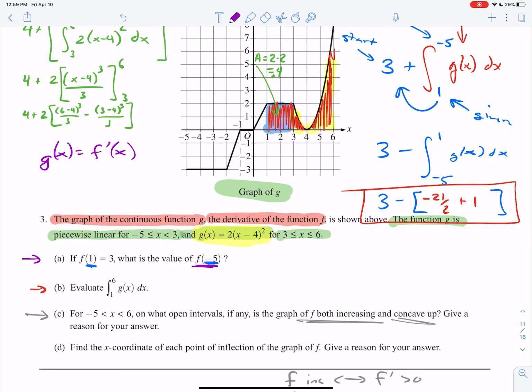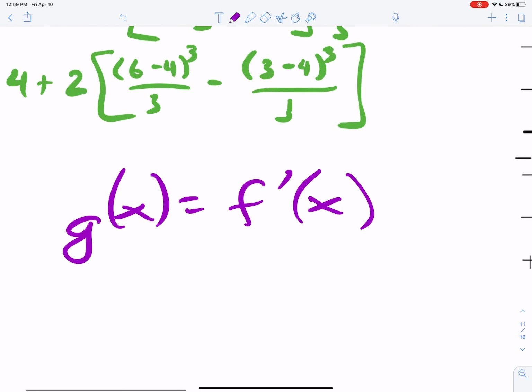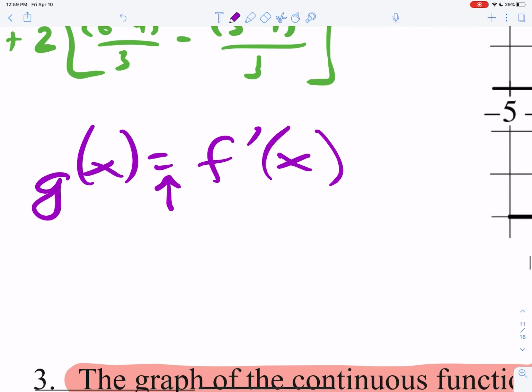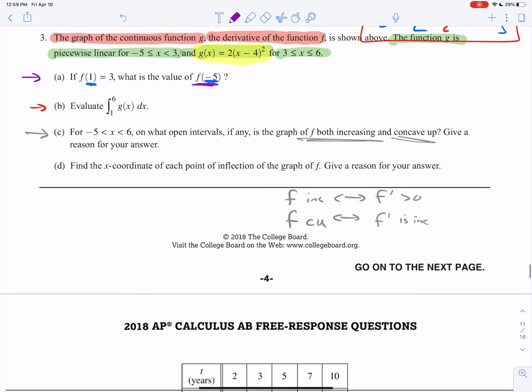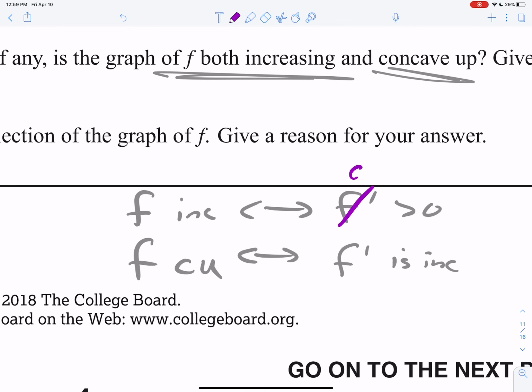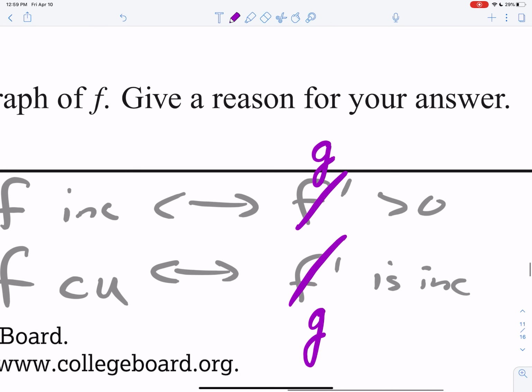At the very beginning, we were told that g is the derivative of f. So these two are equal. So going back to this, instead of f prime, I could just call this g. So I'm looking for where g is positive, or above the x-axis, and when g is increasing.